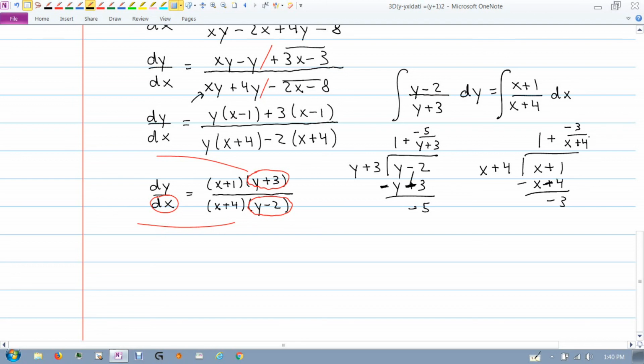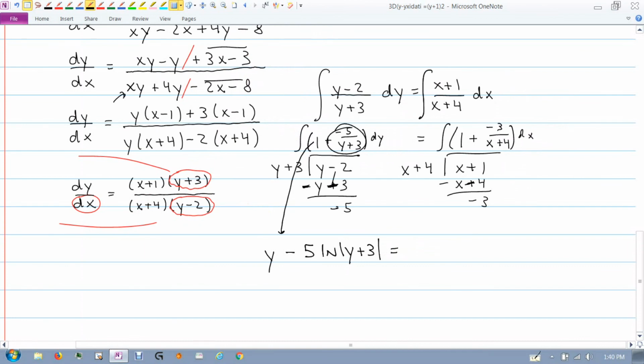All right, so I get to now integrate. I'll just kind of cheat here. I've done my long division, I can just rewrite those and I'm integrating. Those integrals should be pretty straightforward. The antiderivative of 1 is y, and then minus 5 natural log of y plus 3. That takes care of that piece.